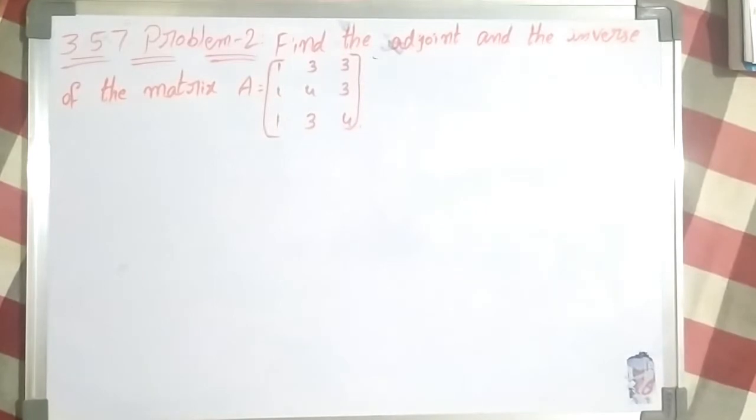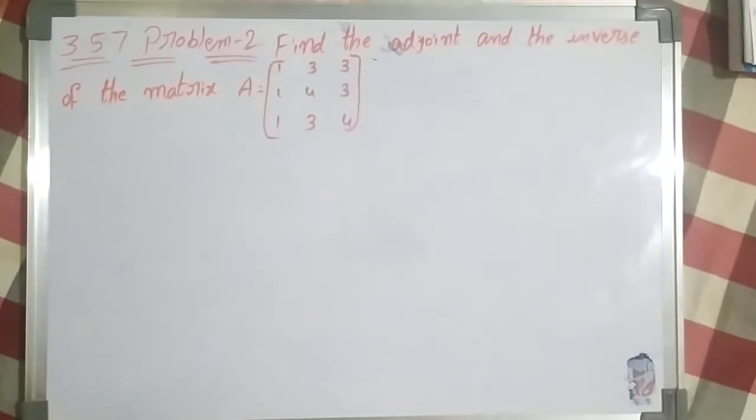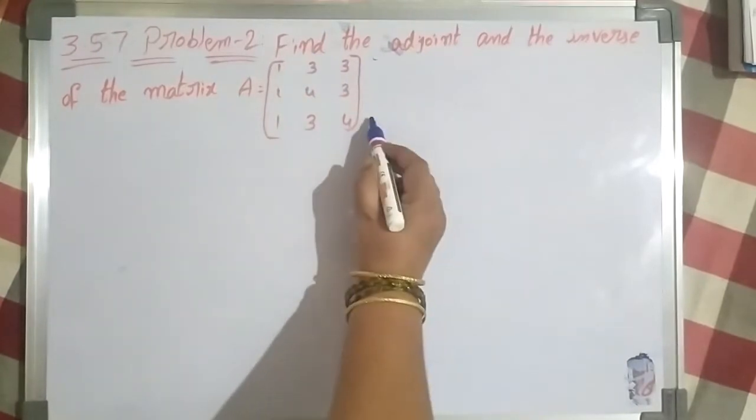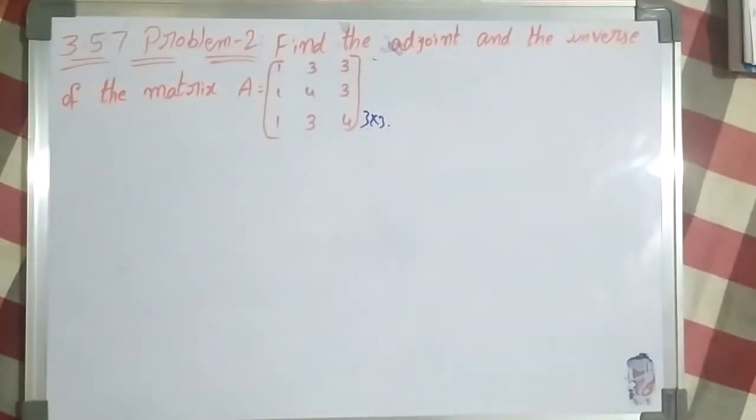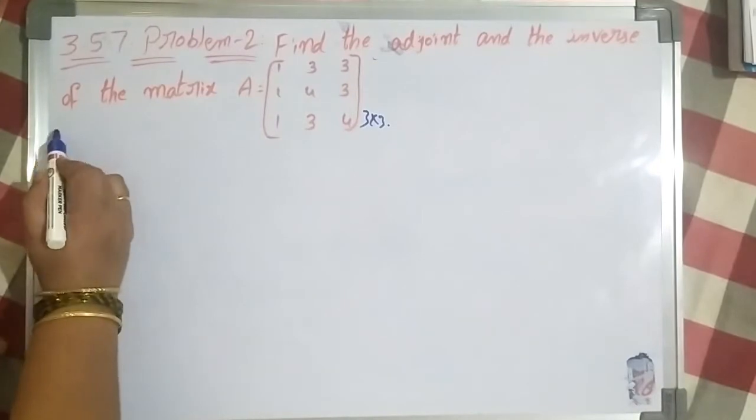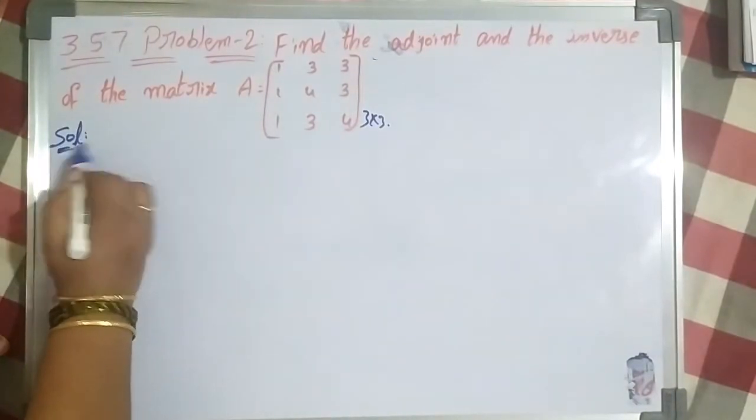The second problem is: find the adjoint and the inverse of the matrix A. Here we are given a 3 by 3 matrix. The matrix is 1, 3, 3, 1, 4, 3, 1, 3, 4. Same procedure here.